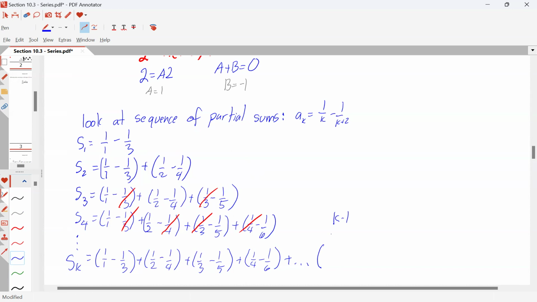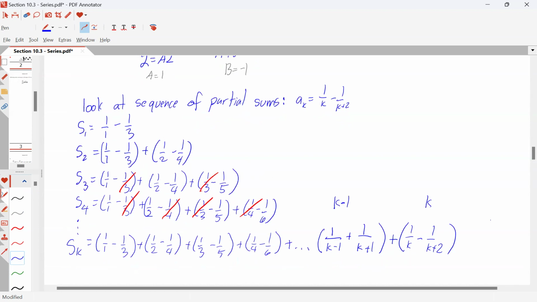And when we plug in k minus 1, we would get 1 over k minus 1 minus 1 over k minus 1 plus 2. K minus 1 plus 2 is k plus 1. Then plus, when we plug in k, we'd have 1 over k minus 1 over k plus 2.